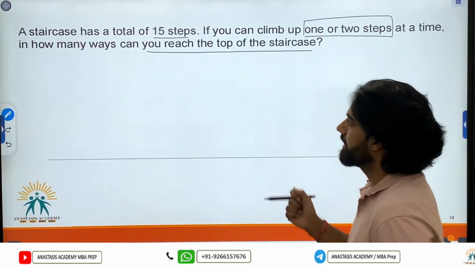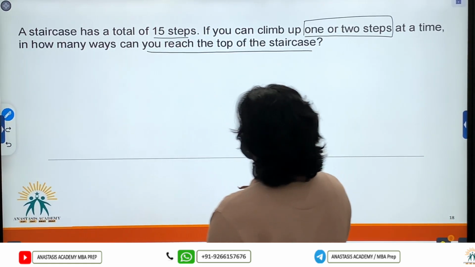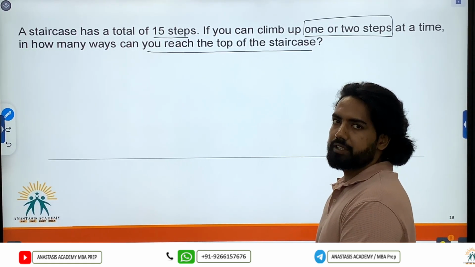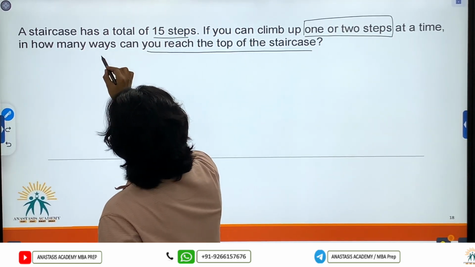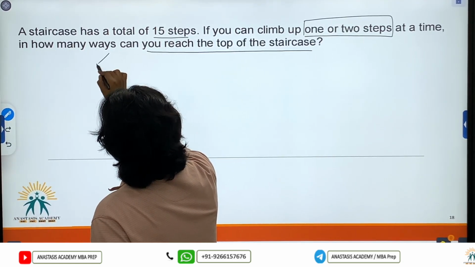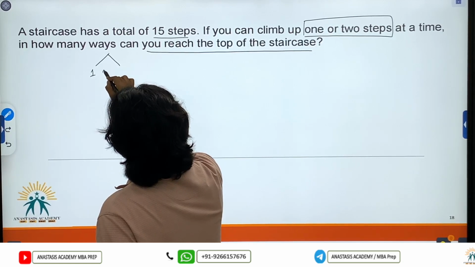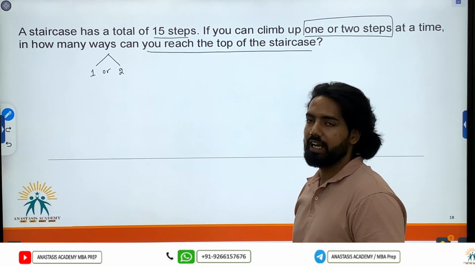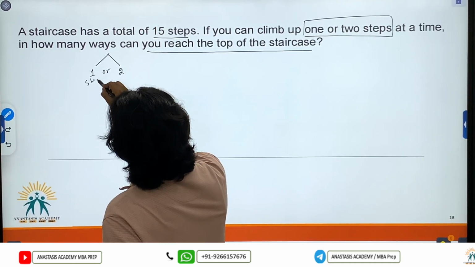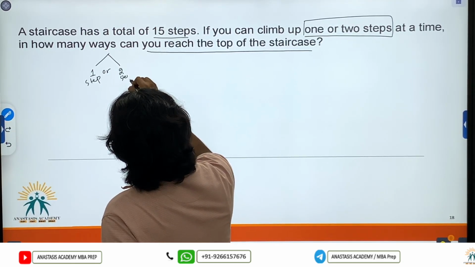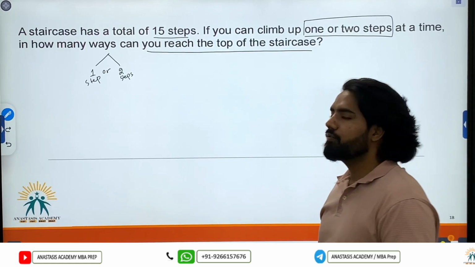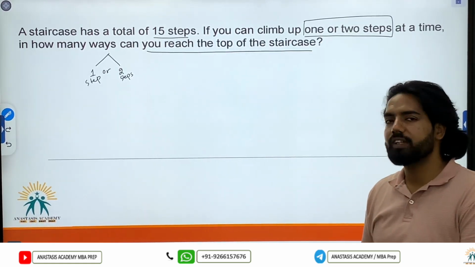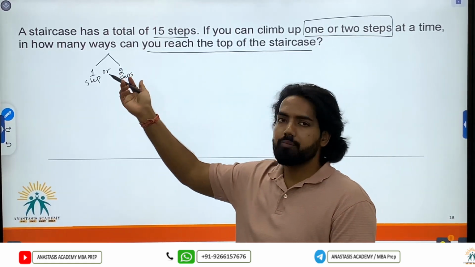Let's just find the technical way of doing it. I know there are 15 steps, right? I can take either 1 step or 2 steps, either 1 step at a time or 2 steps at a time. So we have to cover this distance of 15 steps in these 2 terms only, right?